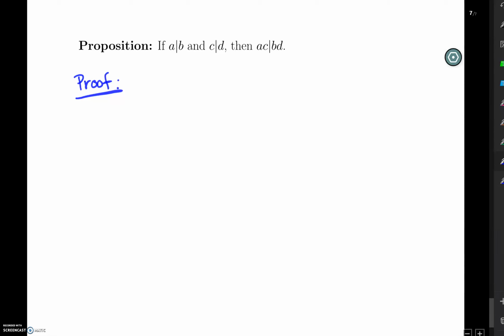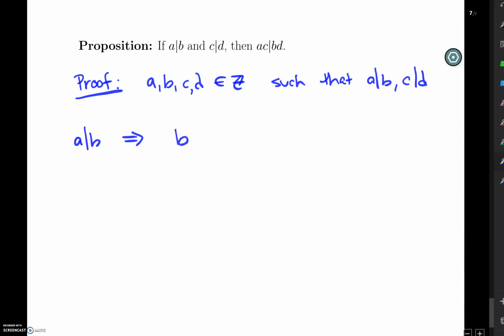And we'll begin with, we know that A, B, C, and D have to be integers because our divides is only defined for those, such that A divides B and C divides D. So, A divides B. If we go back and look at the definition, we know that this means that B has to be able to be written as A times another integer k.